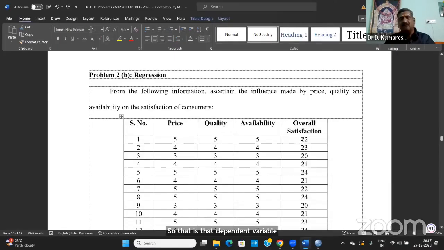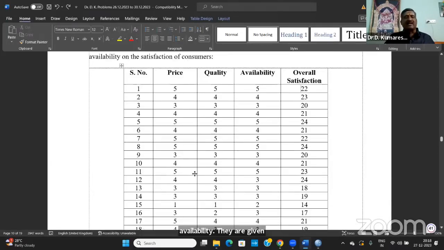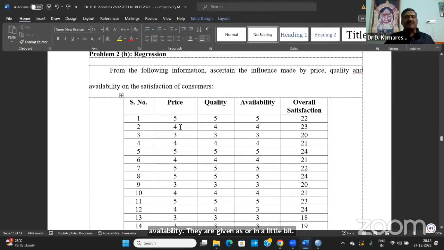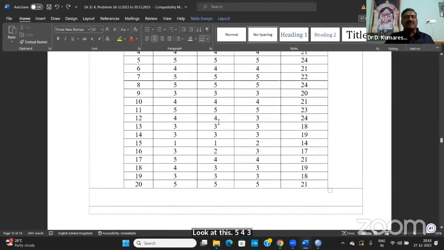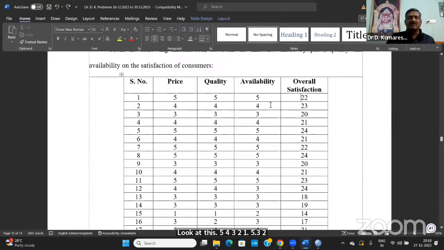The dependent variable is given as scale data. Here, the independent variables are price, quality, and availability. They are given as ordinal data. Look at this. 5, 4, 3, 2, 1. So it is ordinal data.